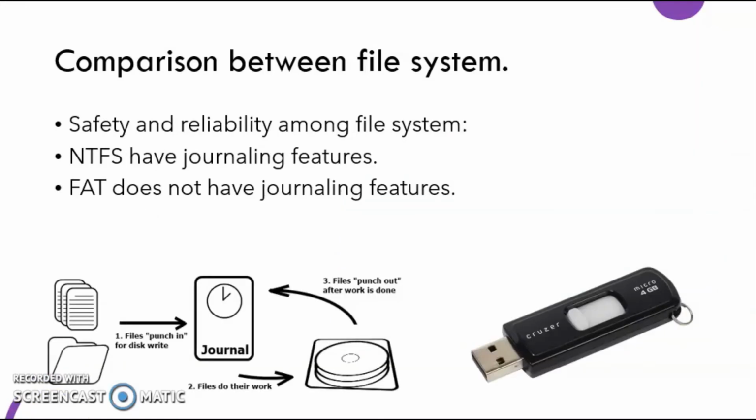Safety and reliability among file systems. NTFS and ext3 or versions above have the journaling features that can keep track of all the data in the storage. Compared to this, journaling features are not provided in the FAT format file system. Hence, security is not ensured using the FAT format file system.